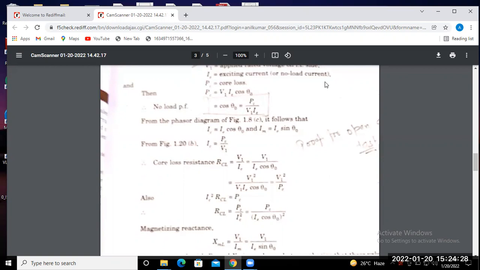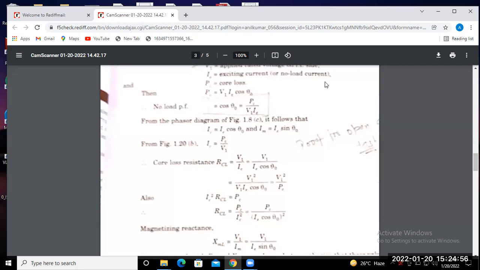Next, suppose that you have all these things. Next, how do you connect the voltmeter, ammeter and wattmeter, and which winding do you have to connect to? Transformer. So you have to keep in your mind, the no load test is always performed on the LV side.